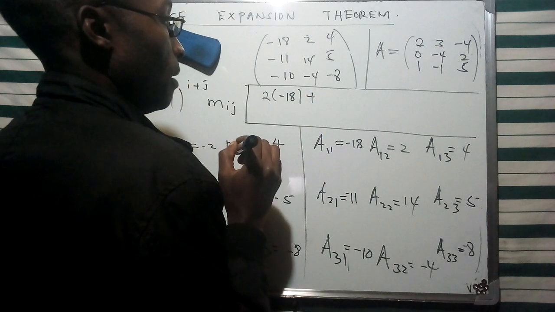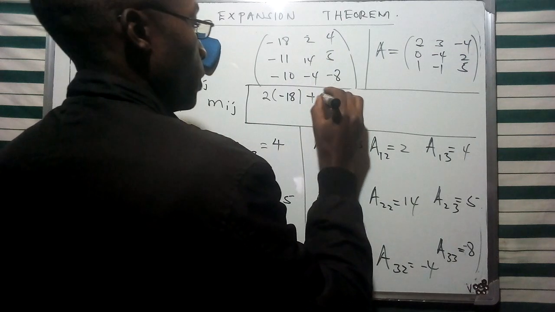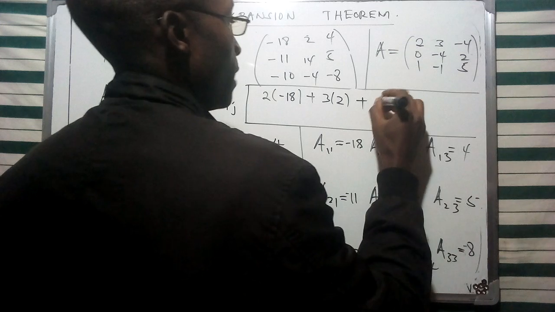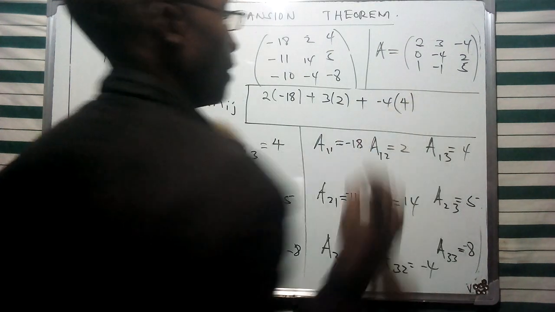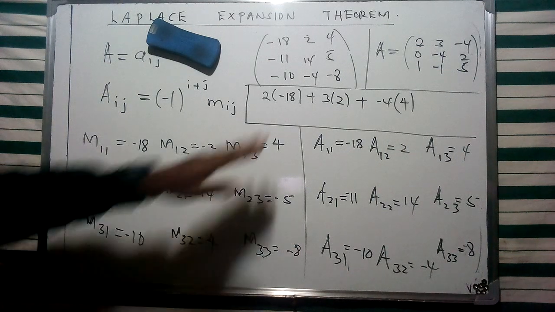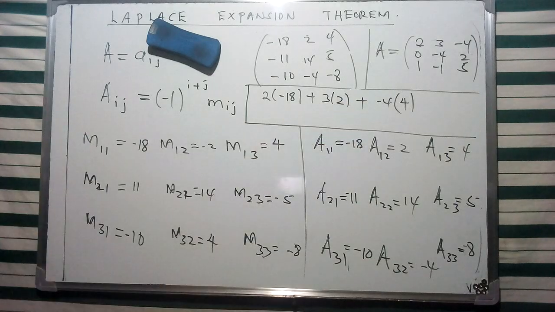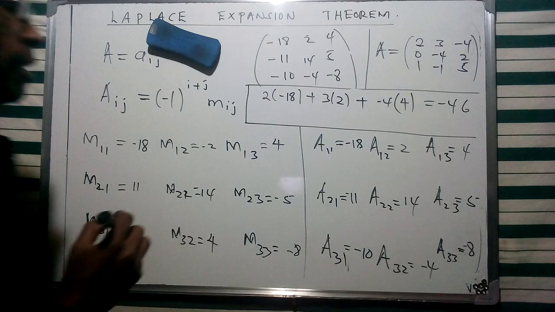The theorem talks about the sum, so it's 2 times 2, which is of course 3 times 2, and then plus negative 4 times 4 given as such. If we look at this specific sum, this is negative 36 plus 6 minus 16, and this is going to give us negative 46 as our determinant.